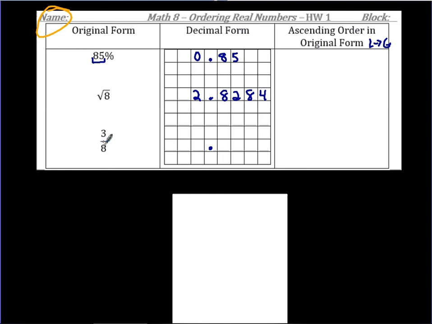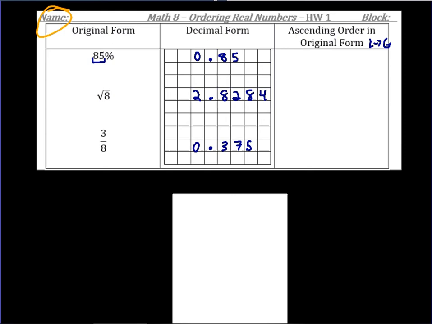All right, and the last one we have here is going to be 3 divided by 8, so it's going to be 0.375.